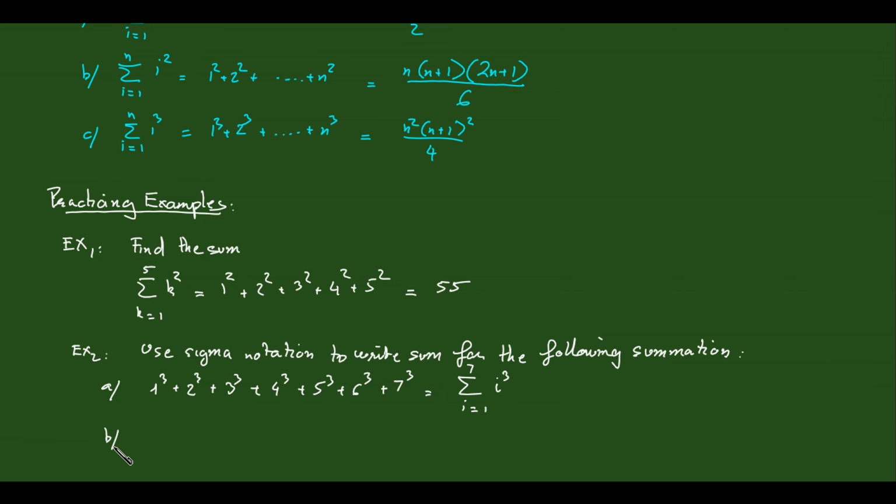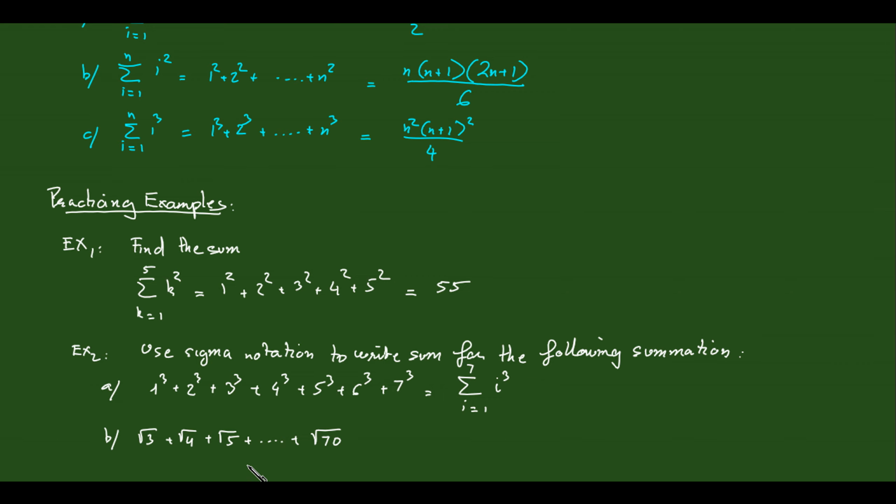Okay, part B. We have something like this: square root of 3 plus square root of 4 plus square root of 5 plus dot dot dot plus square root of 70. So how many terms do we have? From 1 to 10, we have 10 terms.